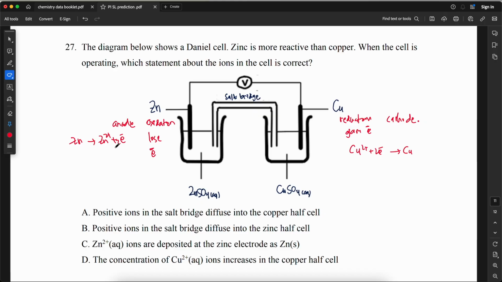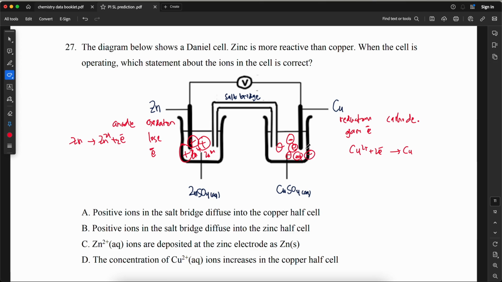When Zn lose electron, this will produce a lot of Zn2+, so it becomes 2 positive. The electron will go towards this electrode. So many electrons, it will be 2 negative.